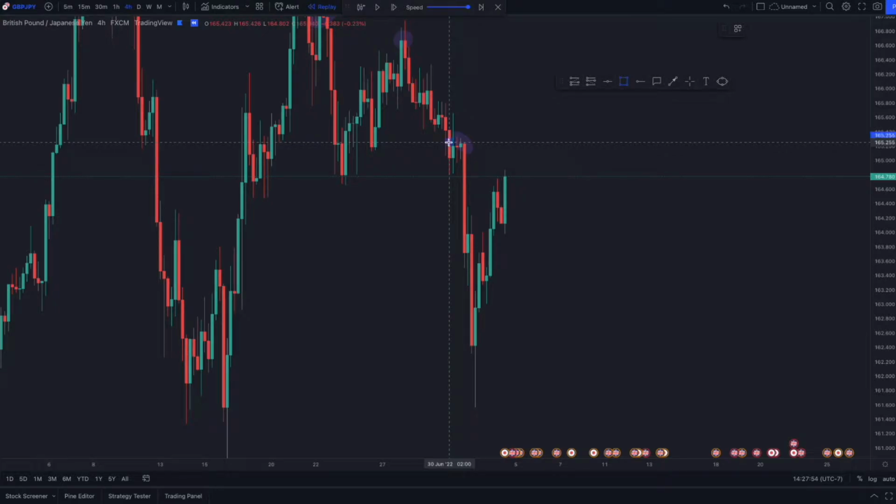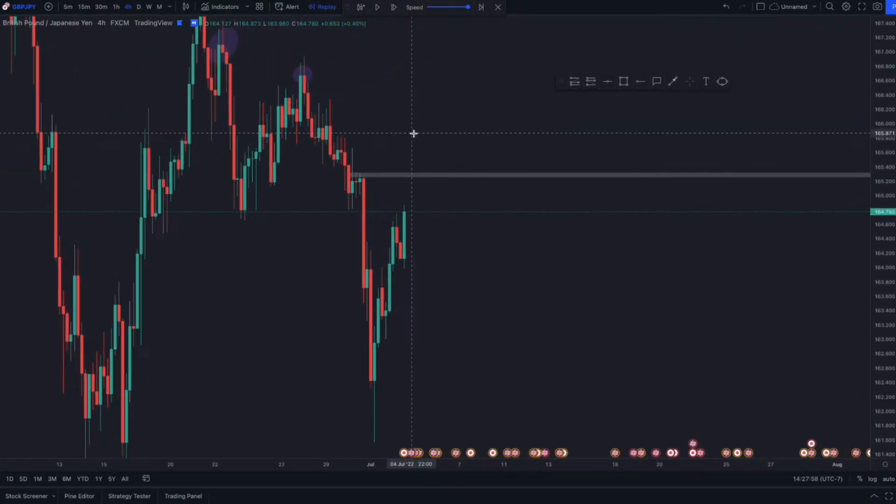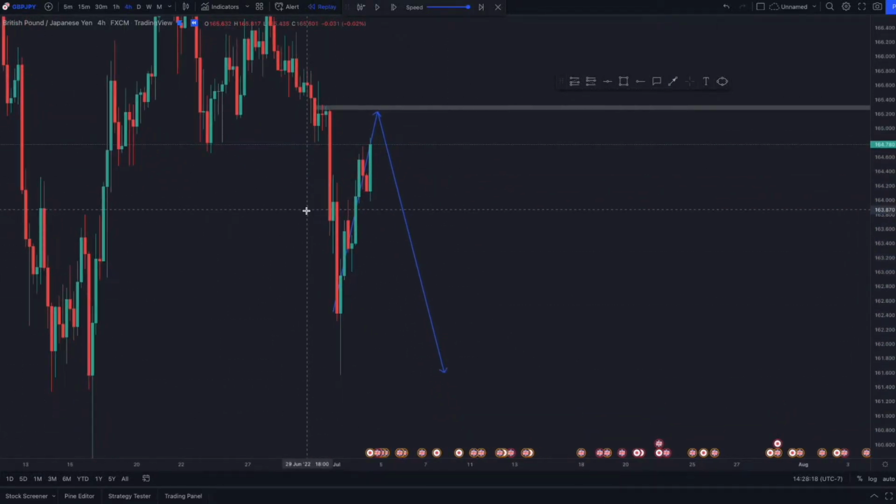So let's mark this up as our area of interest. So we found support. Now, what we're looking for is for this area over here, as you can see right here, to make resistance, to continue pushing down like this.